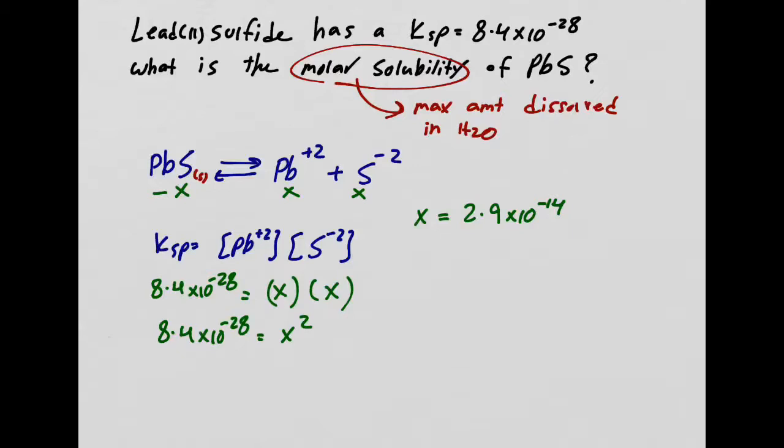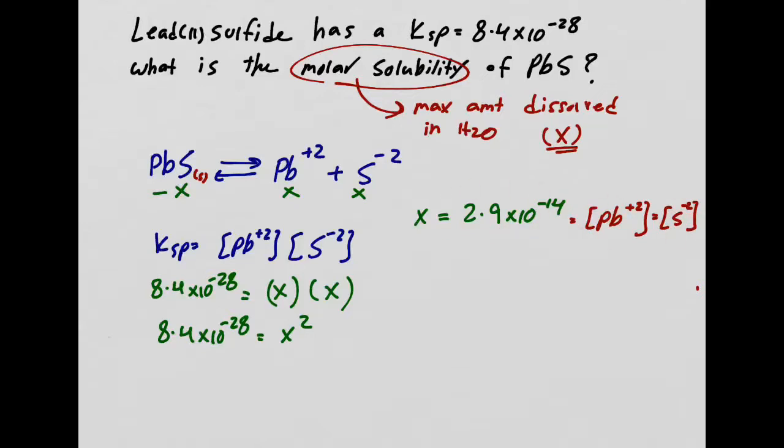So molar solubility is the maximum amount dissolved in water. So basically the x that you solve is the molar solubility. So this x means the concentration of Pb plus 2, which is the same as the concentration of sulfide that dissolved in water. So this is the concentration of lead and sulfide.